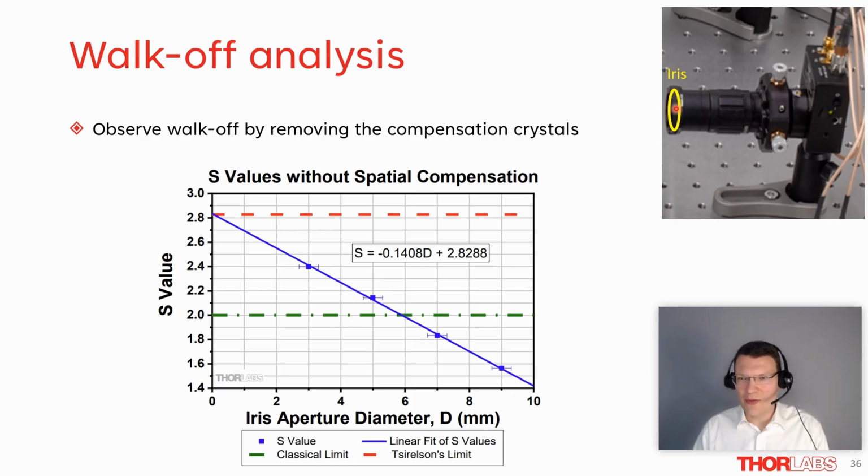If I close the iris down to really just 3 millimeters, I can still measure an S value above the classical limit, but as I open it more, I'm collecting more and more photon pairs with different phases, and at a certain point the phase range just becomes too large, and I'm going back into the classical regime, and my entanglement is no longer visible. So that shows that the walk-off that I talked about previously is really important to consider.